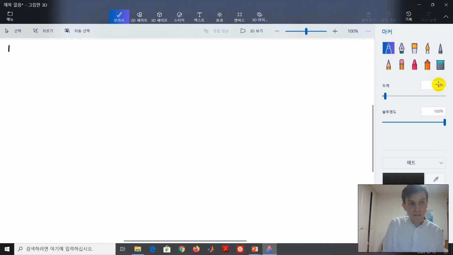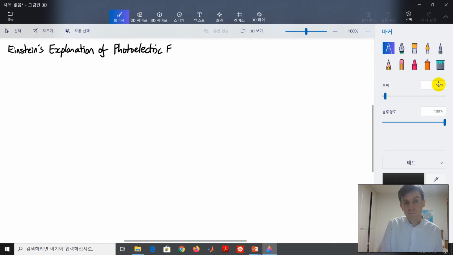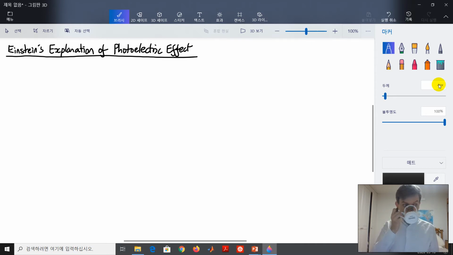So this is Einstein's explanation of the photoelectric effect. It's based upon a number of assumptions.